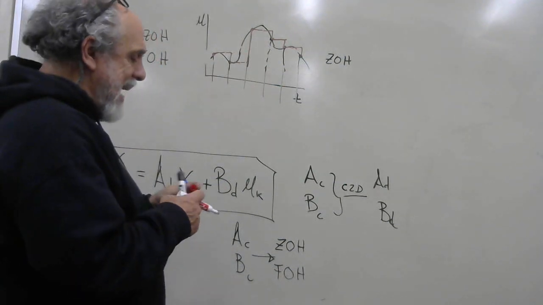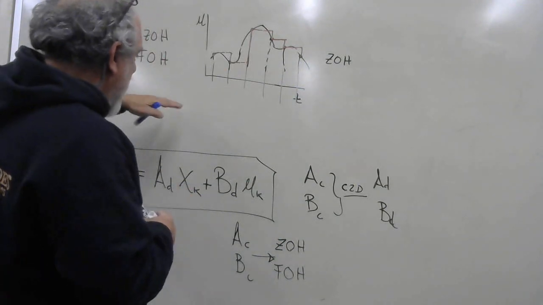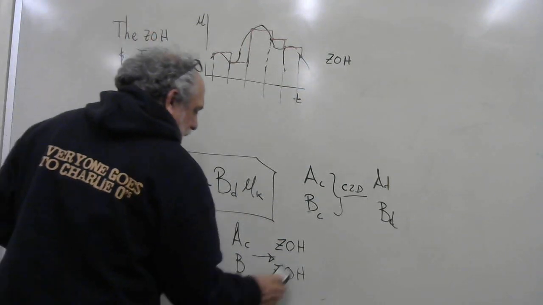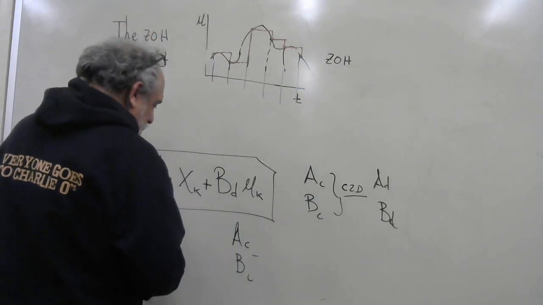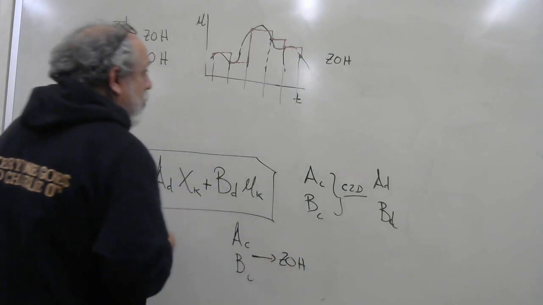Then you get an exact formula for that input that varies like this. That formula is what we call the zero order hold. So that gives you formulas.